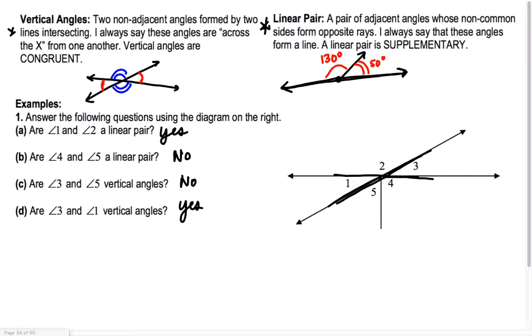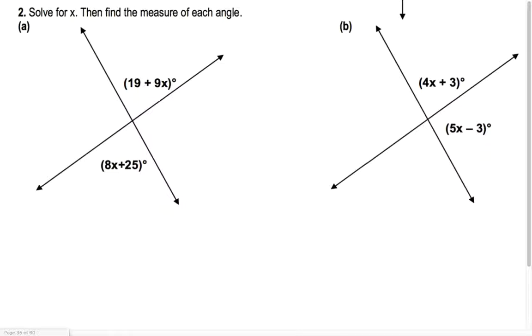When we have angles across from each other, across the X, they're set equal. When we have angles next to each other making a line, you add them together to make 180. So for this first one, do I set these two equal to each other, or do I add them together to make 180? You set them equal. They're congruent to each other by vertical angles.